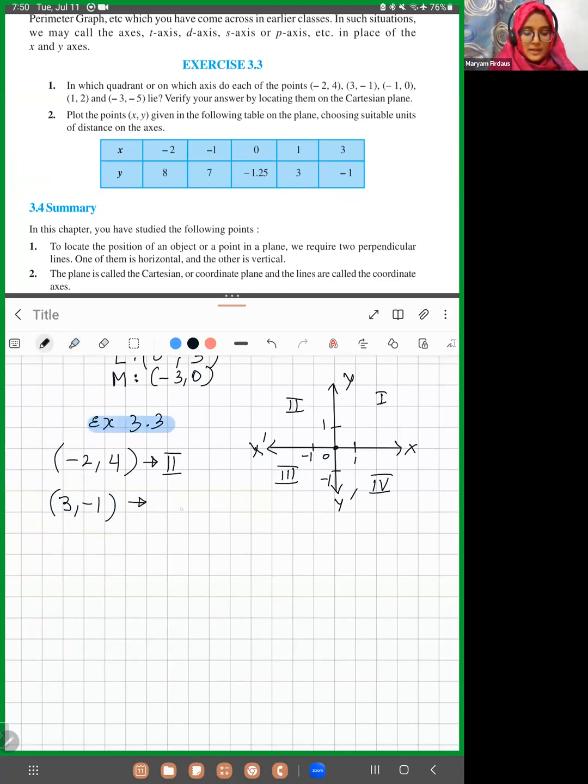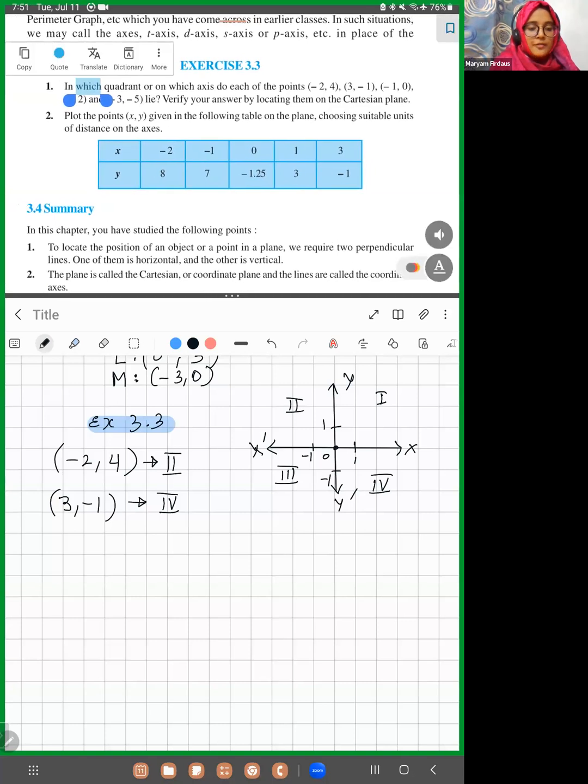Yes, it lies in the fourth quadrant. Okay. Now let's read the question a bit carefully. The question says, in which quadrant or on which axis? So it will either be in a quadrant or on an axis. So the next point is -1 comma 0.